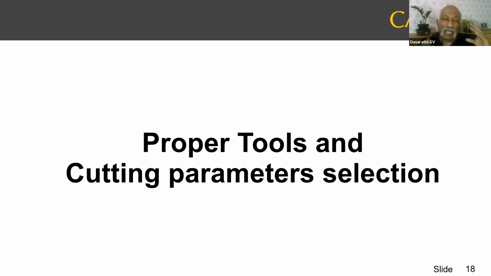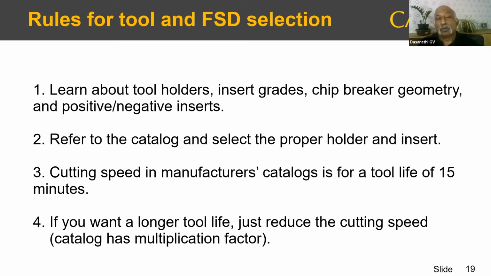If your part is not rigidly held or it's got a very high overhang, you're not using a tailstock, or it's even longer and you're not using a steady rest and so on, then you need to reduce all this. So ensure that all those are good, and also that you use the tools and cutting parameters optimally.